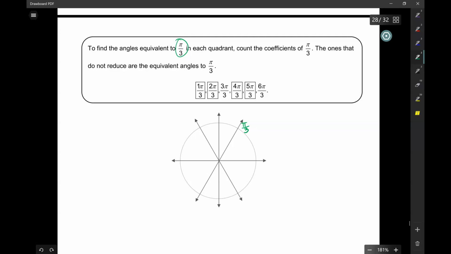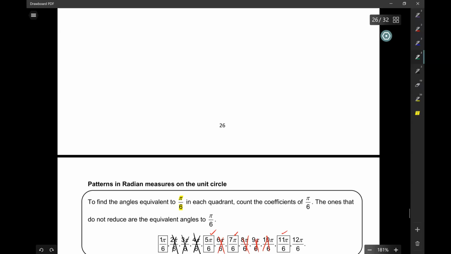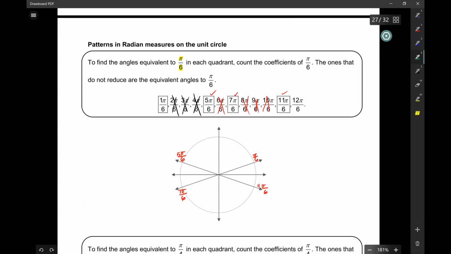And then again, 1 pi over 3, 2 pi over 3 doesn't cancel. 3 pi over 3 does. 4 pi over 3 doesn't cancel. 5 pi over 3 doesn't cancel. What's 6 pi over 3? 2 pi. You see that? Okay, so here too, we end with 11 pi over 6, and then what's 12 pi over 6? 2 pi.